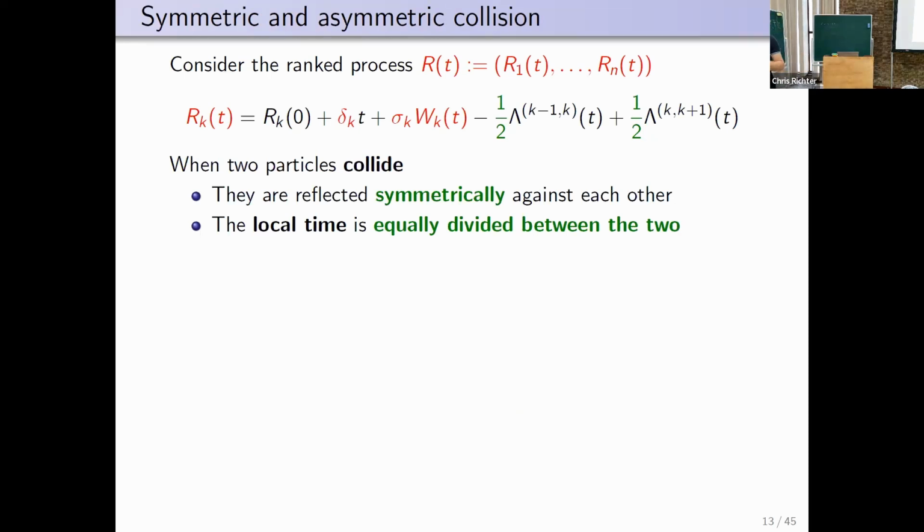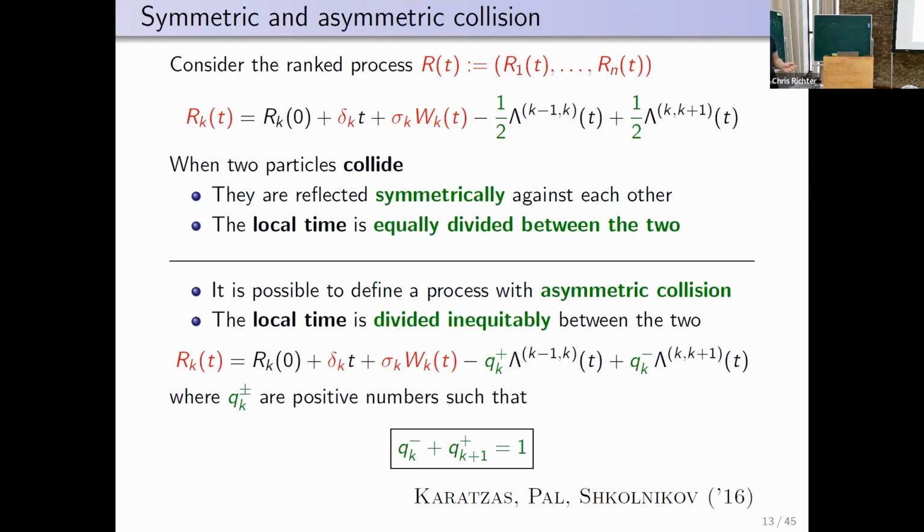You can choose to give 1/2 and 1/2 of the local time to the two particles, but you can also define a process with asymmetric collision. It will be the same formula, but instead of 1/2 you will have some parameters, q_k^+ and q_k^-, which are positive numbers. In fact, I believe you do not have to assume they are positive, and they satisfy this equation in order to have one invariant, one local time.